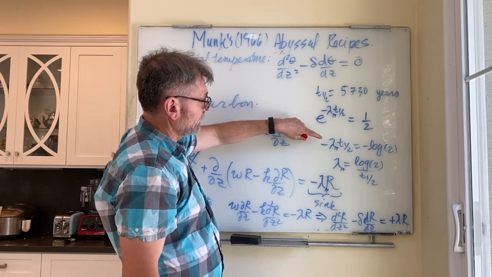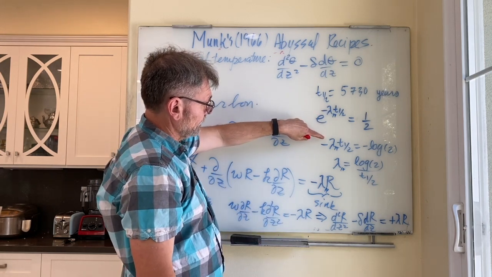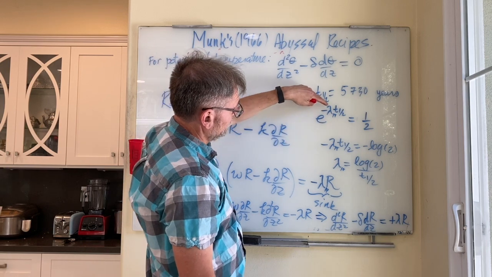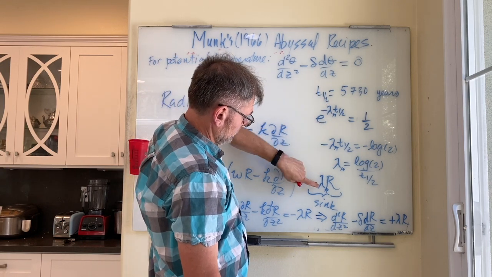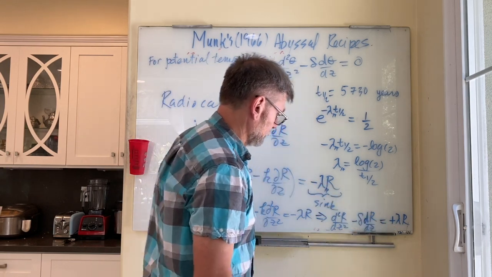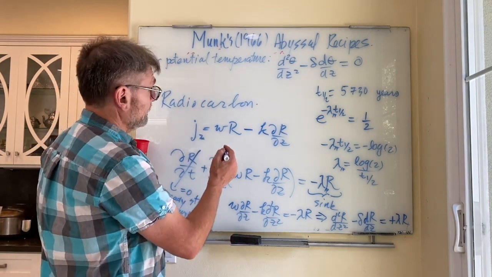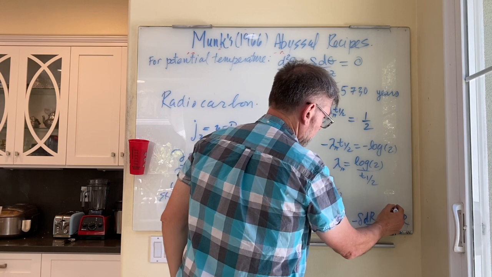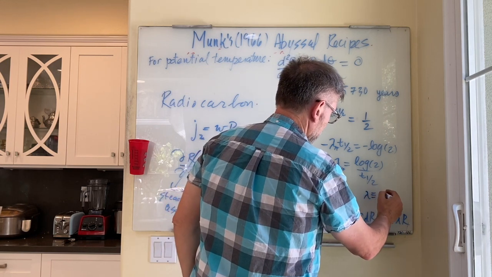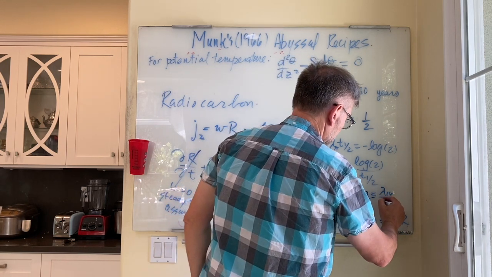If we had another element that had a different loss frequency, we can put a different lambda. So lambda 14, and this lambda will be the ratio, a new parameter defined as lambda 14 divided by k.